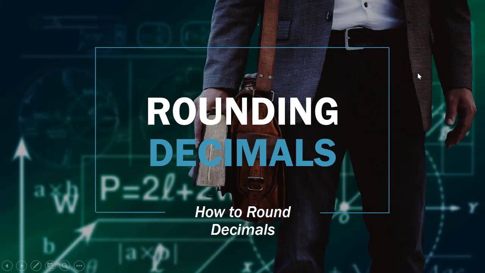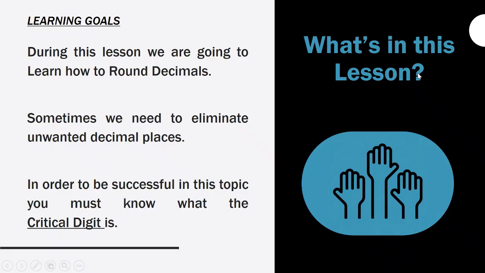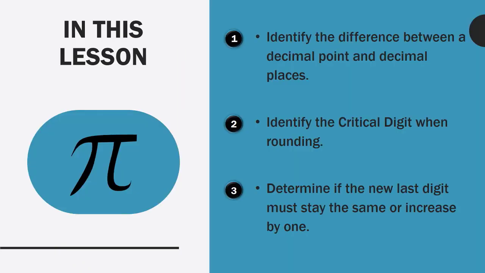So we're learning how to round decimals. In this lesson, we are going to learn how to round decimals, and sometimes we need to eliminate unwanted decimal places. So we want to make the number a little bit shorter. And in order to be successful in this topic, you need to understand what the critical digit is and what its function is, okay?